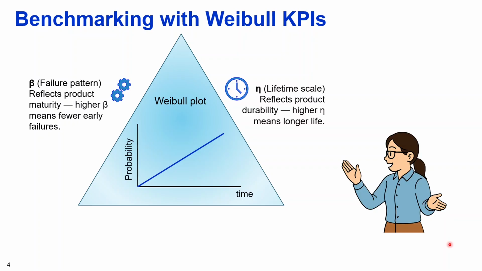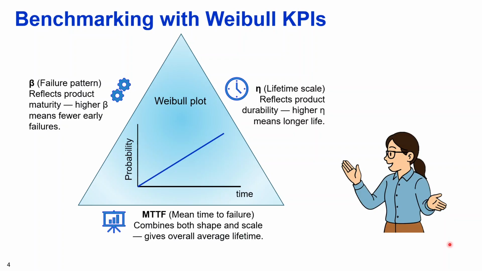Eta tells us the scale of lifetime, from where we know the time when most products begin to wear out, and it reflects the product durability. Higher eta means longer lifetime. And MTTF combines the beta and eta, and it gives us the overall average lifetime. Together, these three numbers describe reliability in a complete and quantitative way.